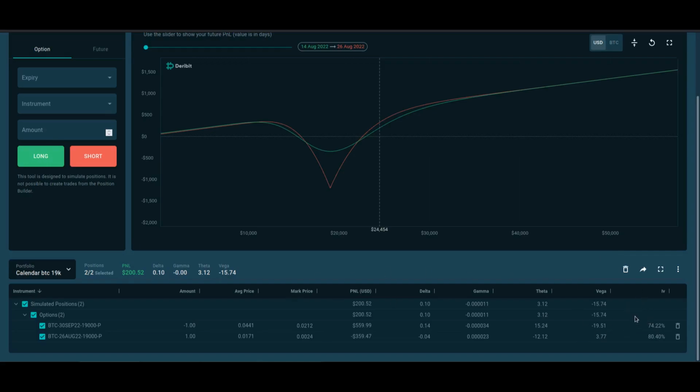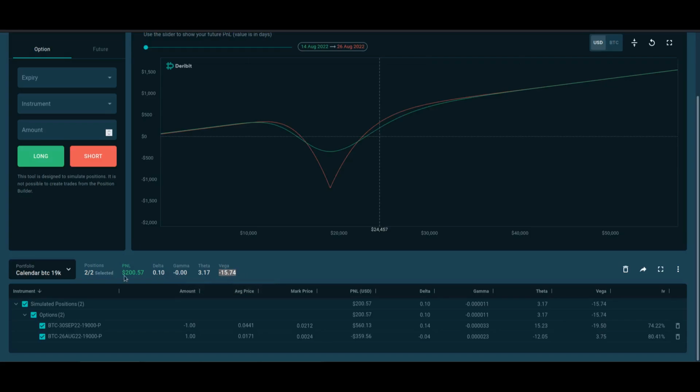So if the volatility of our option construction increases by 1%, we will lose minus $15.